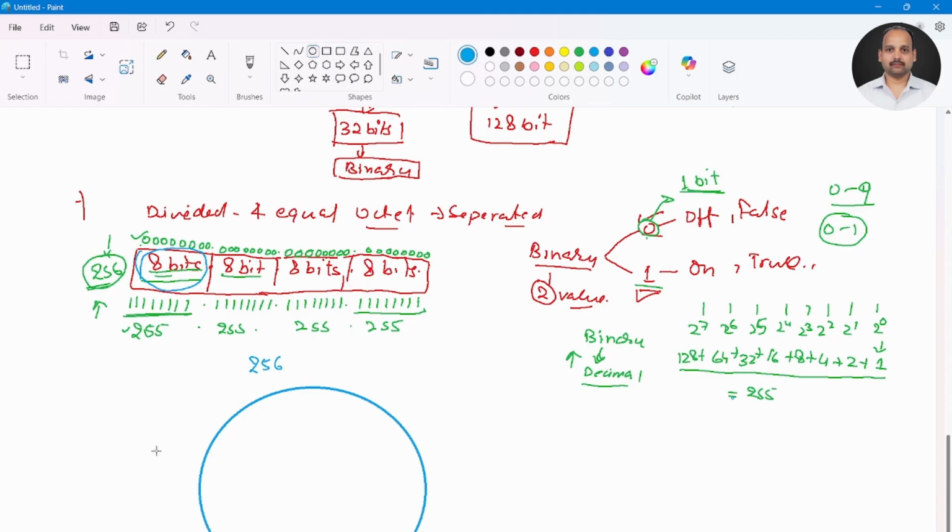IP classes are divided based on the first octet. This is called the first octet, this the second octet, this the third octet, and this the fourth octet. I am going to divide my IP addresses into classes based on the first octet.